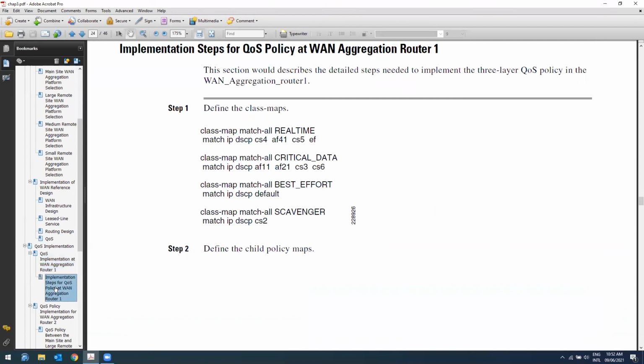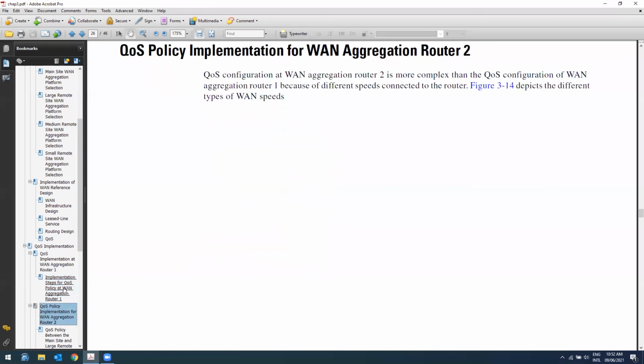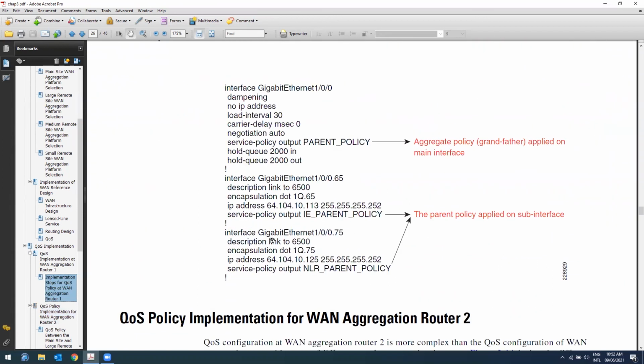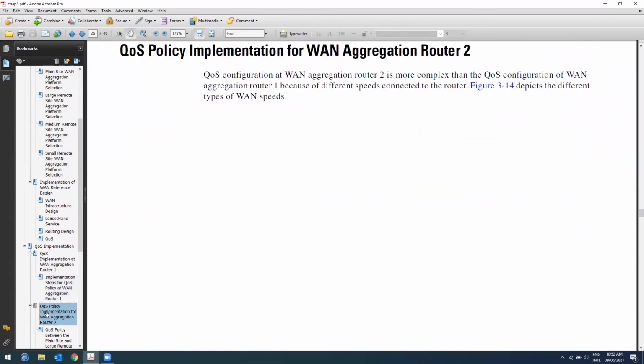That will be easier for you to understand. Again, you have the implementation of WAN aggregation router 1. These are the steps that are done on the router. Basically, these are codes, and that is what you do to implement that.